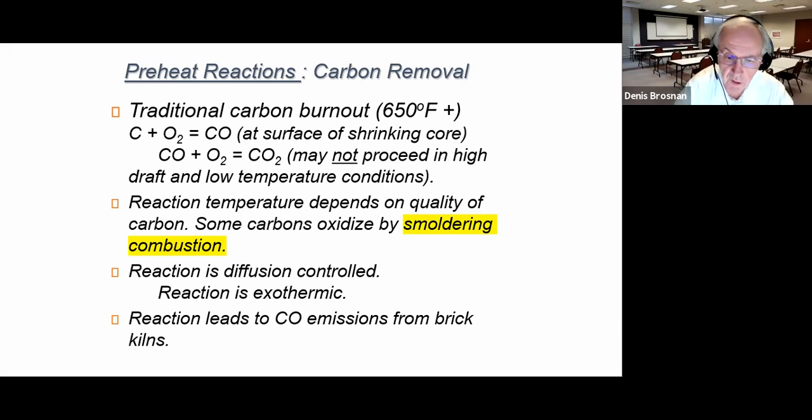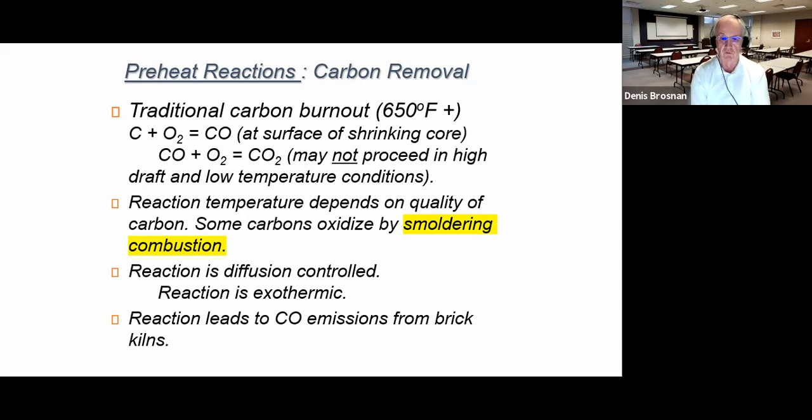We also can have higher density carbons that are present there, not just from the organic acids that are present in clays, but maybe from particles of coal or particles of wood that are present either inadvertently or intentionally. And these products burn by smoldering combustion. Smoldering combustion is combustion in the absence of a flame.